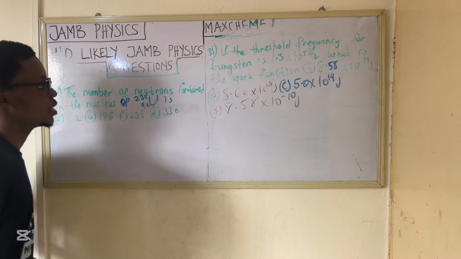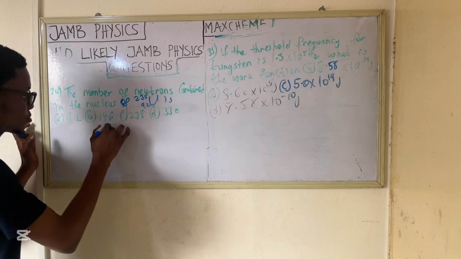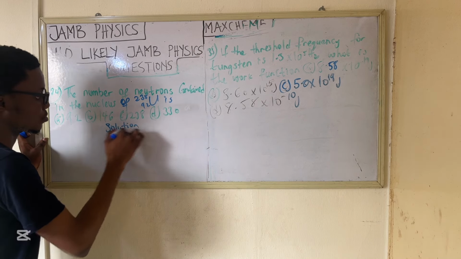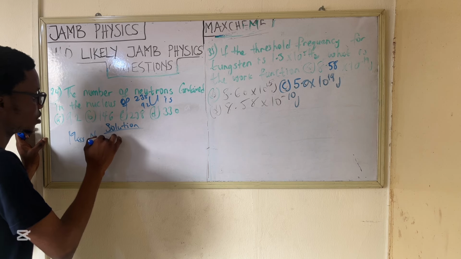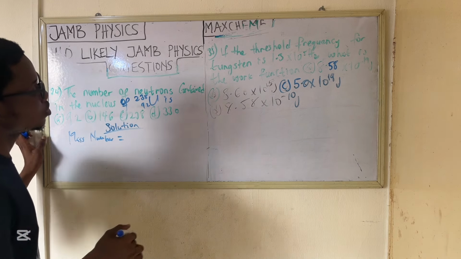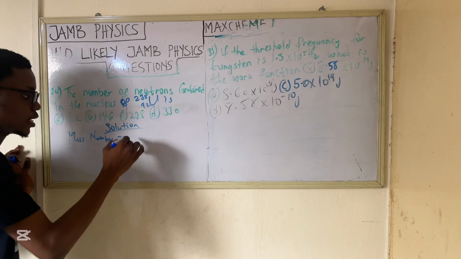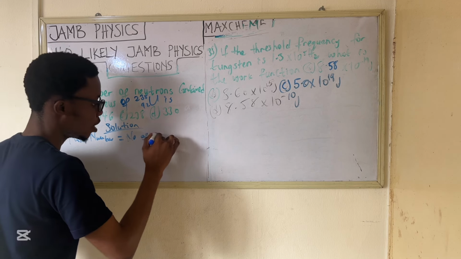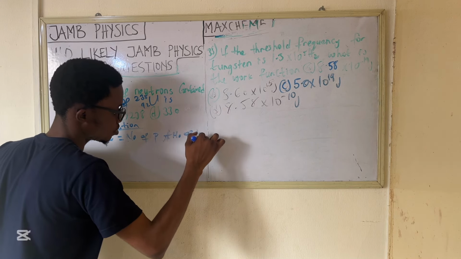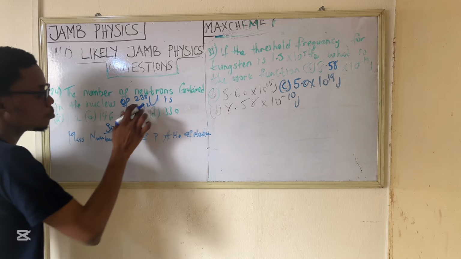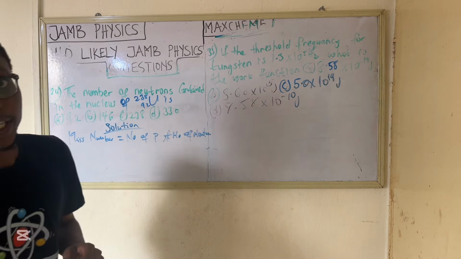So mass number is equal to number of protons plus number of neutrons.